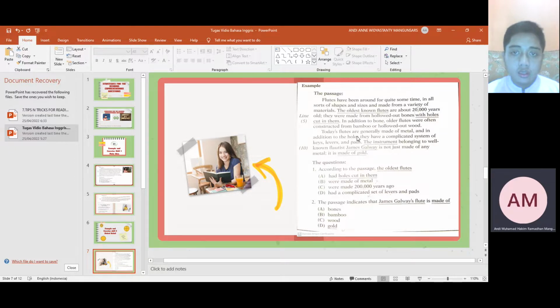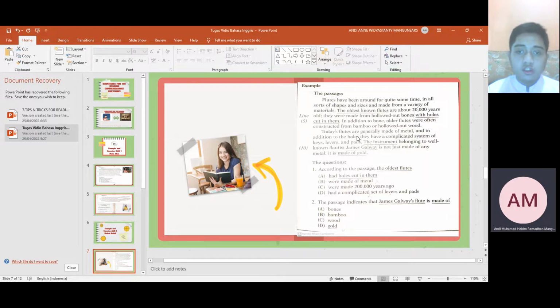Because we can see in paragraph 5, made from wood or bones with holes cut in them. That's the keyword and the answer.